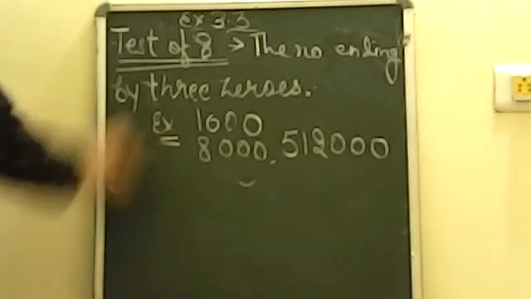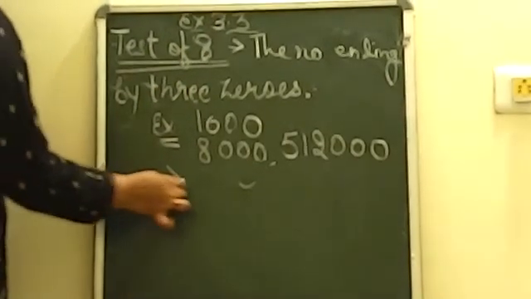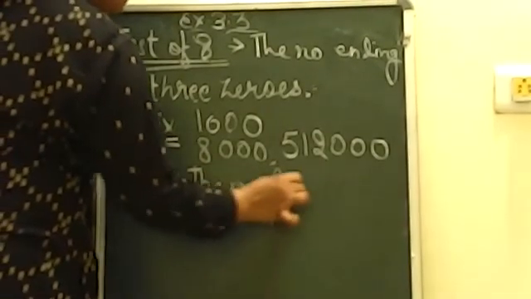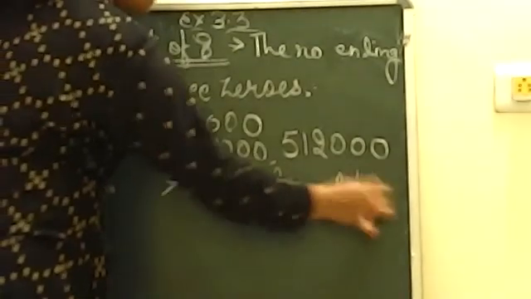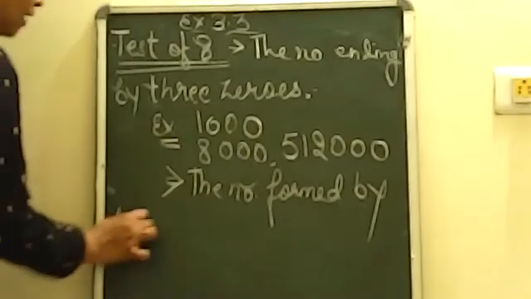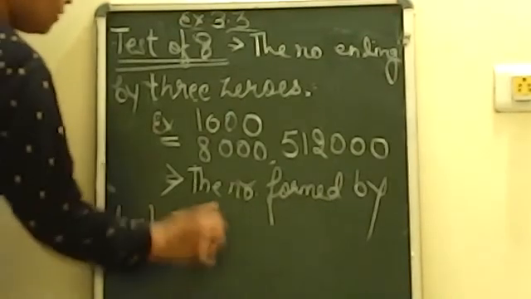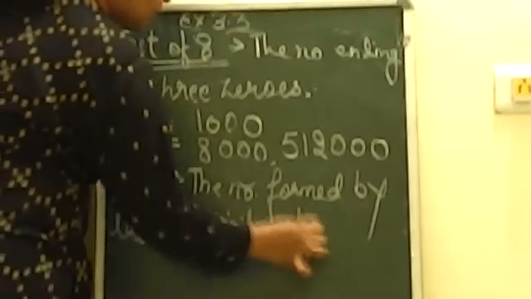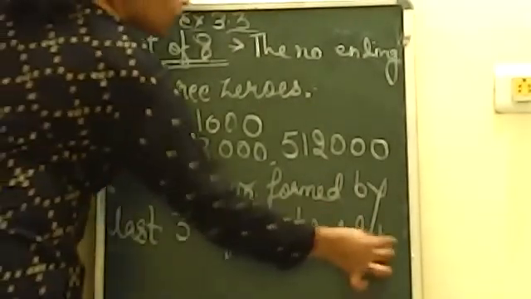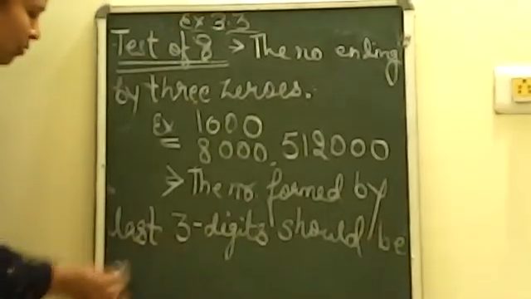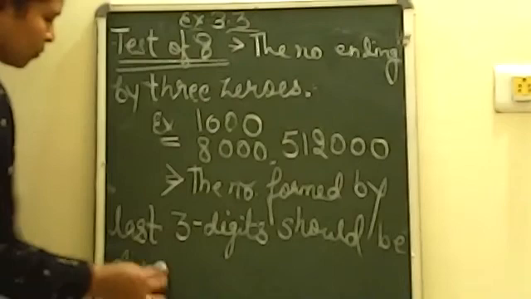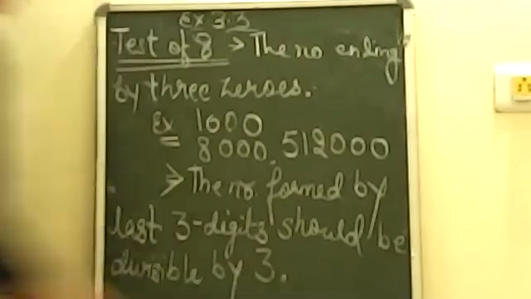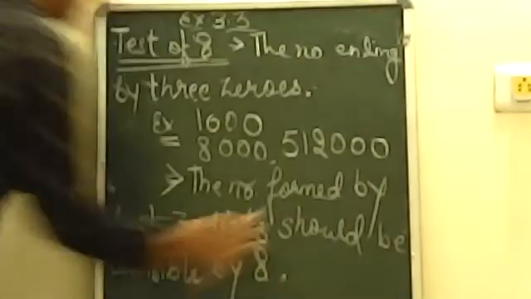And the second condition for the divisibility test of 8 is that the number formed by the last 3 digits should be divisible by 8.